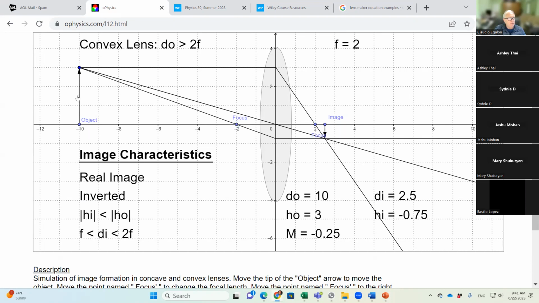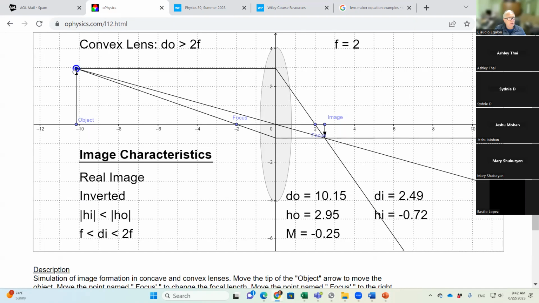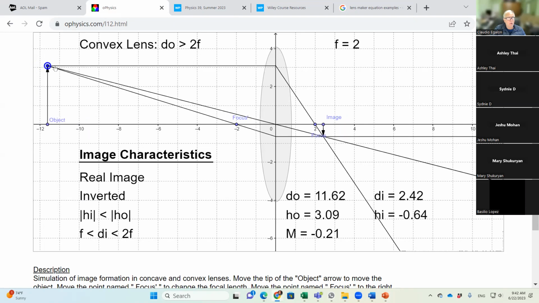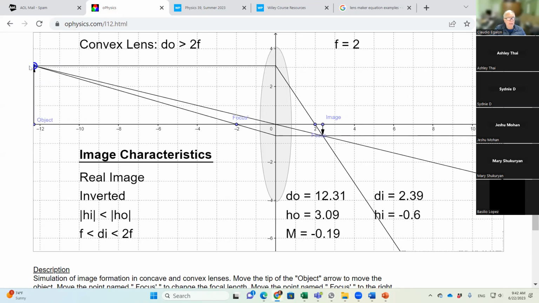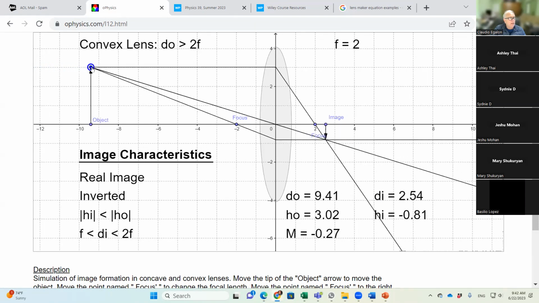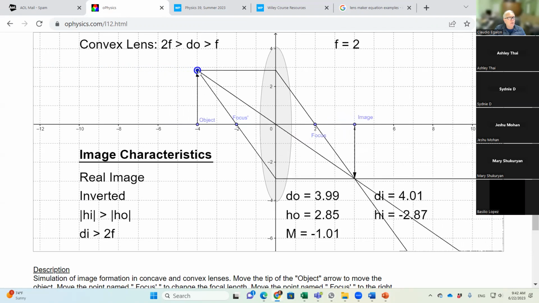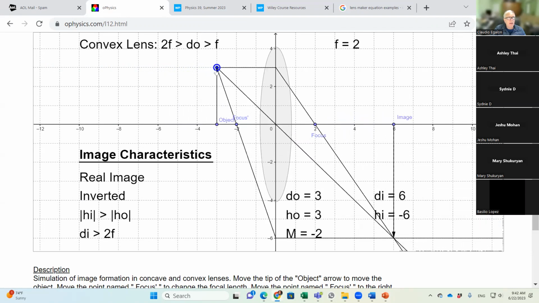Okay, the further away the object is, the closer the image gets to the focal point. That's what happens to the image of planets, the stars, the sun, the moon. The image is formed at the focal point. Now, as we get closer and closer to F prime, the image is formed further and further away from the focal point. Okay, let's go back here to 4.